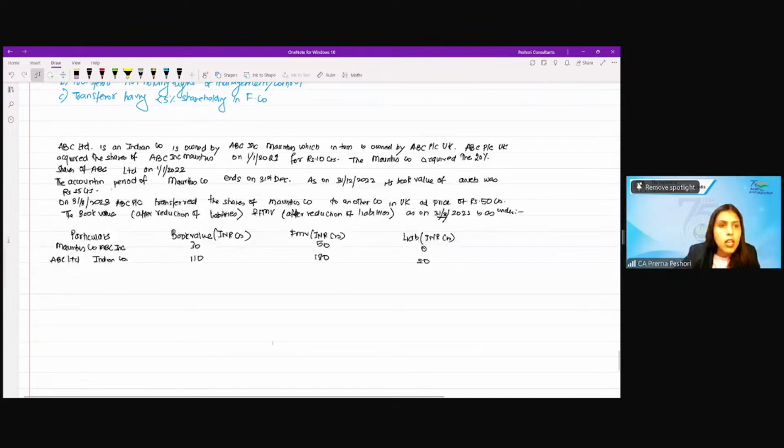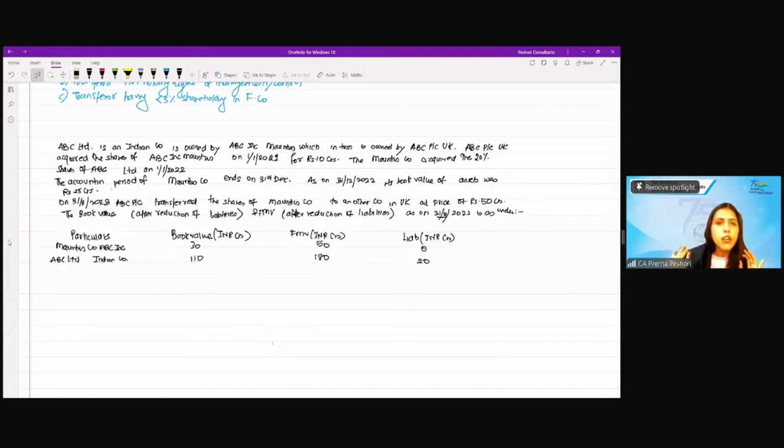So ABC Limited is an Indian company, owned by ABC Inc. Mauritius, which in turn is owned by ABC UK. ABC UK acquired the shares of Mauritius in January 2021 for 10 crores. The Mauritius company acquired 20% of the shares of the Indian company on 1/1/22.